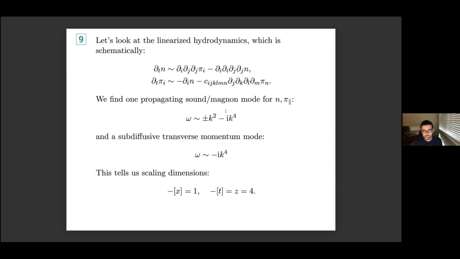So the leading dissipative correction is fourth order, which maybe in retrospect doesn't surprise us at all, right? It's the same fourth order we found in the lattice model without momentum. Same power law here. For the transverse momentum modes, we find that they are also fourth order subdiffusive. And so now we learn our first scaling dimension for this hydrodynamic effective theory, which is that the dynamical critical exponent z is 4.